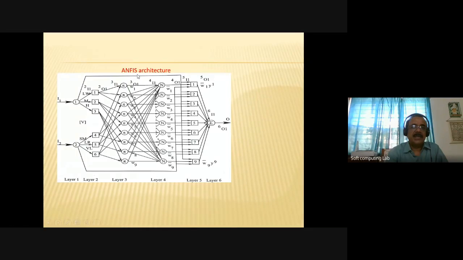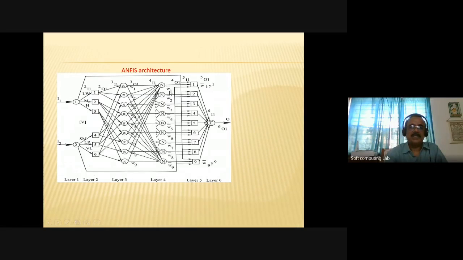And this is known as the ANFIS architecture, that is the adaptive neuro-fuzzy inference system architecture. Now here the way it works, the inputs are passed to the input layer, and depending on the membership function distribution, you'll be getting the output. The mu value or the membership function value you'll be getting as output, and this shows all the combination of the rules. And this W is nothing but the firing strength of the rules. And the fourth layer is a layer of normalized firing strength.